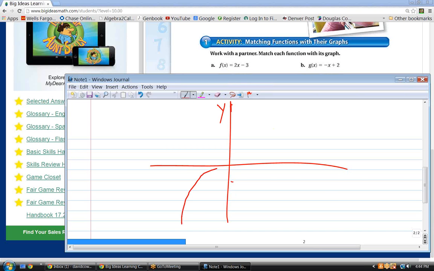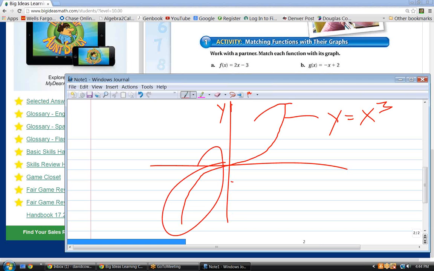If I take this function right here, which is y equal x cubed, that is said to be symmetrical about the origin, which means that if I reflected it about the y-axis and then again about the x-axis, this is what I would get down here. In other words, if I took this part right there, reflected it about the y, and then reflected it about the x, I would end up with the lower half of it.